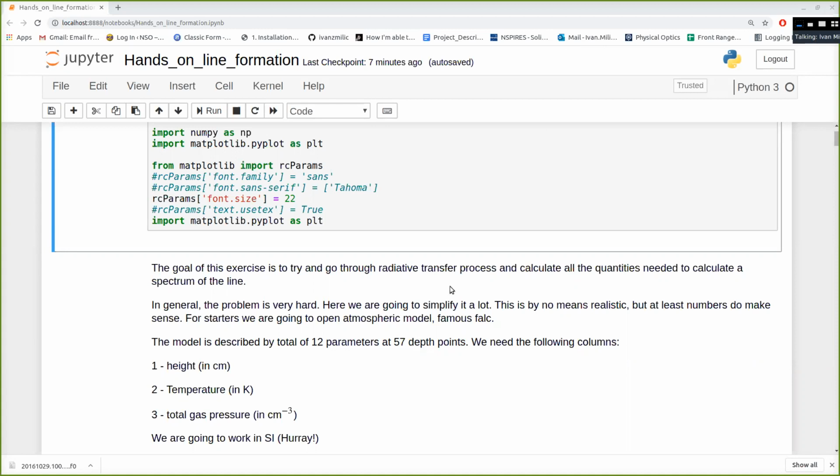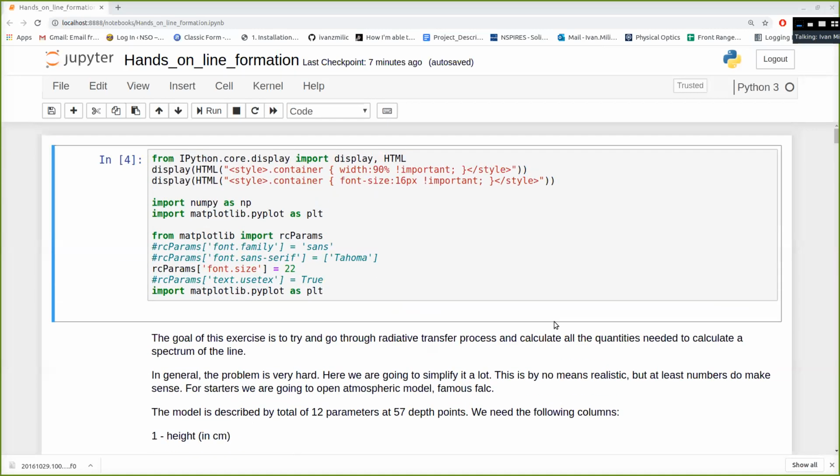And today the idea is to do a hands-on exercise that will take us on a journey from a given atmospheric model, which in this case means a very basic atmospheric model, relying only on temperature and gas pressure stratified on some height grid.